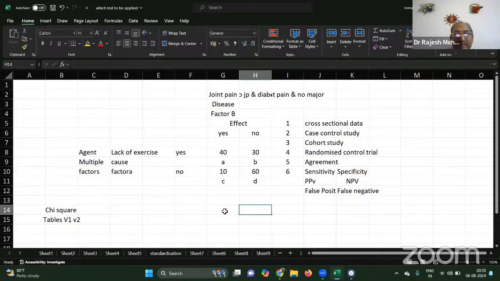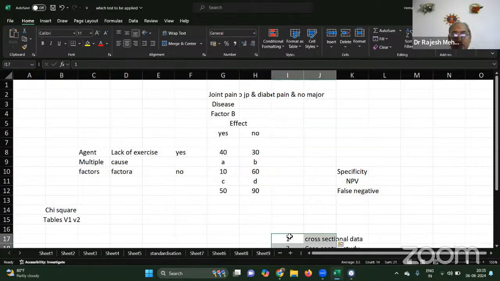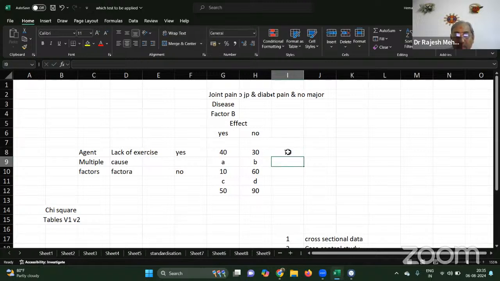So in this case, we need to find out how many were having this lack of exercise, out of a total of 50 over here and 90 here. The total is 70 over here.